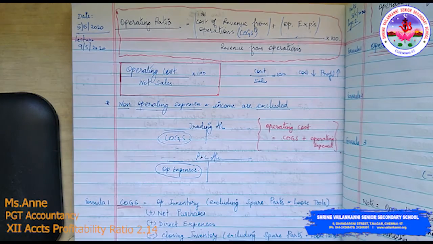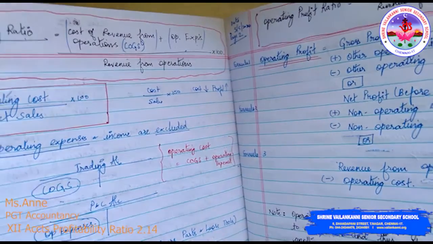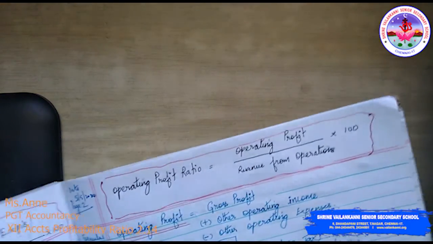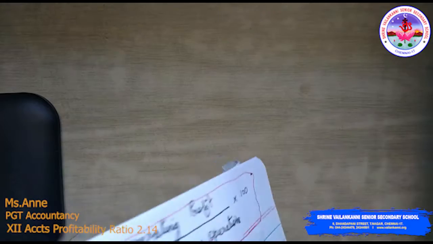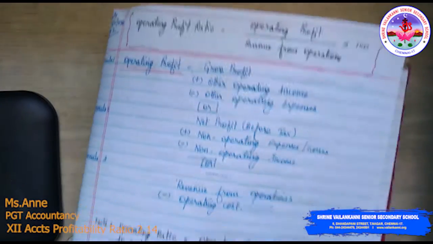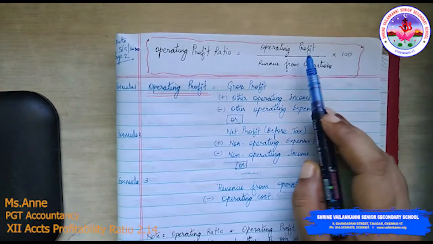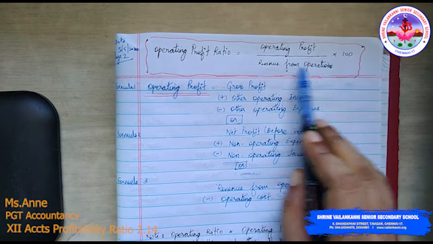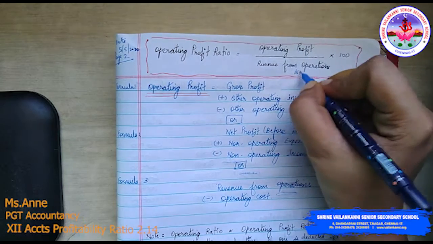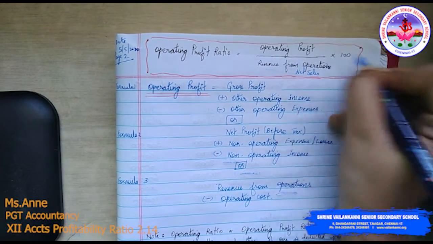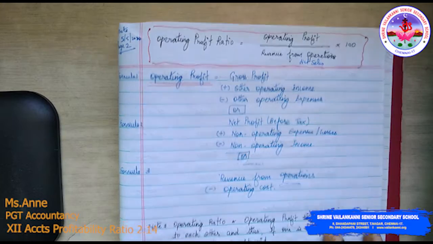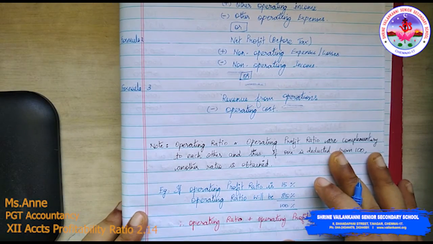Please don't confuse it with operating profit ratio. Operating profit ratio is different from operating ratio. Operating profit ratio is operating profit divided by revenue from operation, which is your net sales, into 100. So how will you get your operating profit?